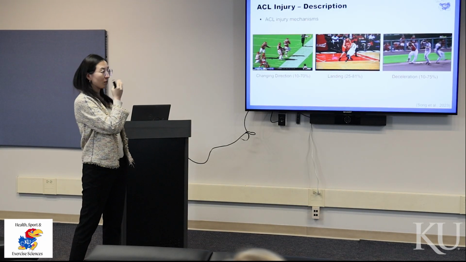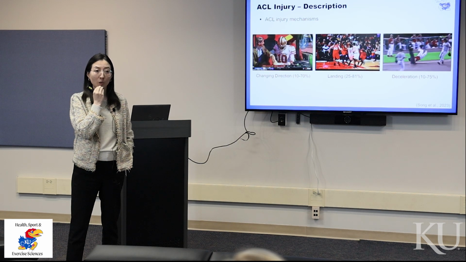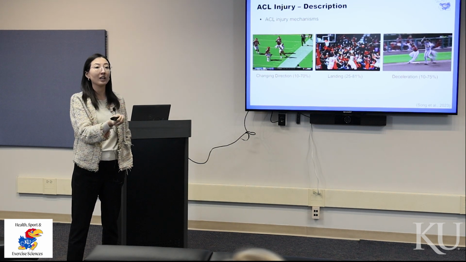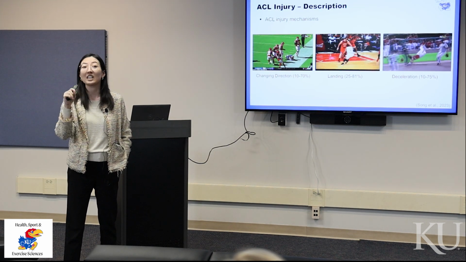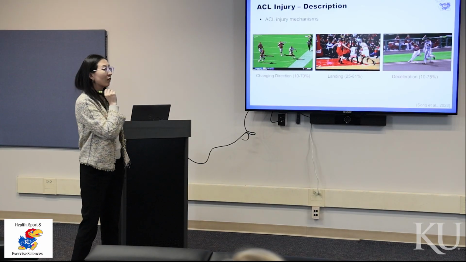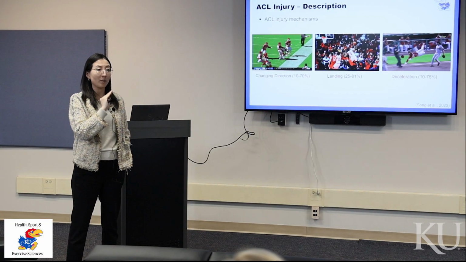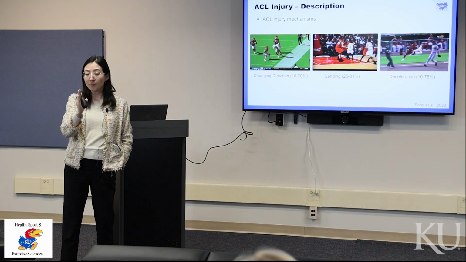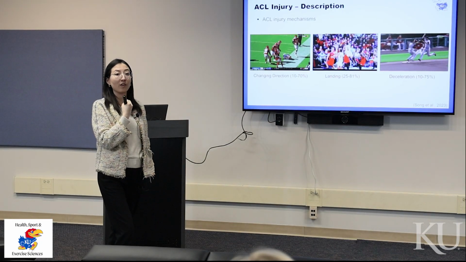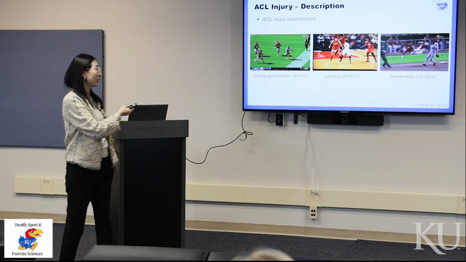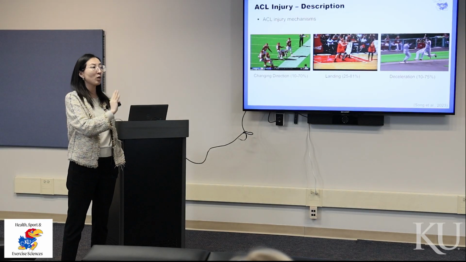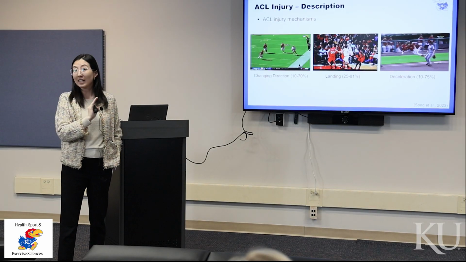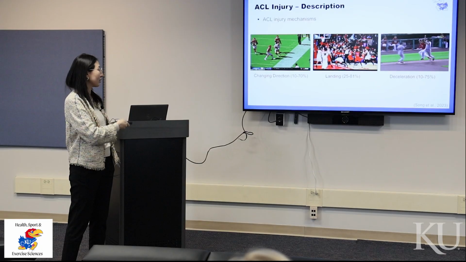And then also landing is a significant component. Most of the time, people land on one leg, which is the injured one. And deceleration is another common maneuver, which means although you're going straight, you're trying to stop yourself, and then you hurt yourself. So those are the most common injury maneuvers when ACL injury occurs.